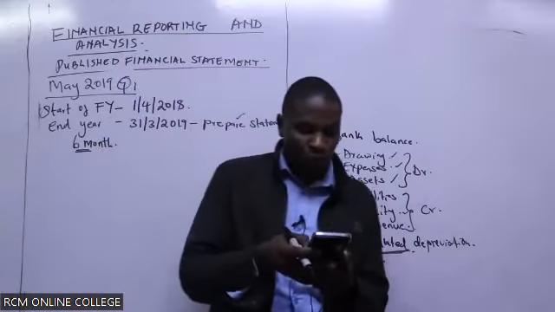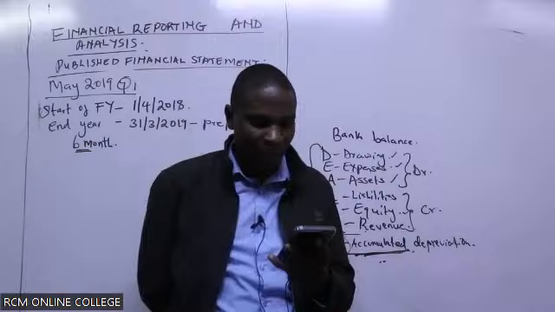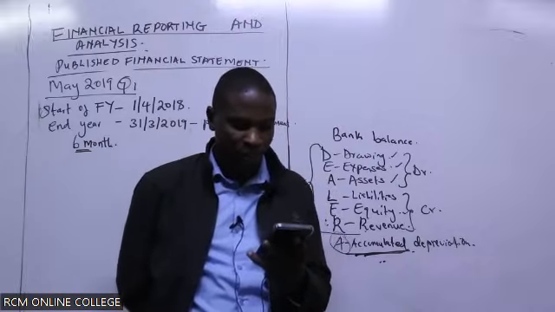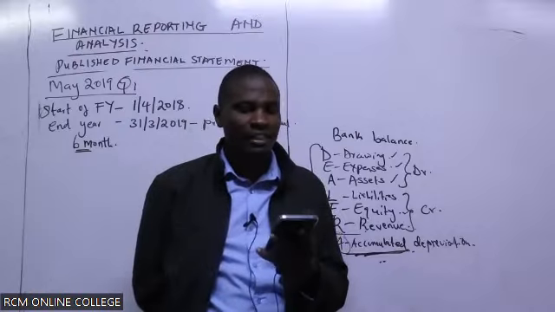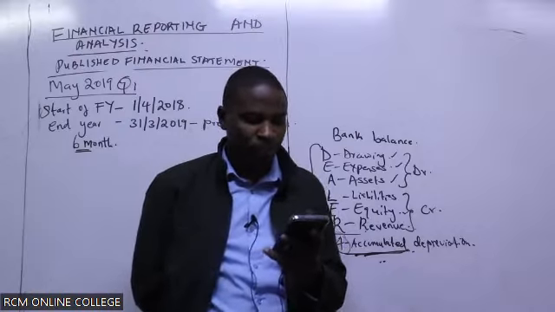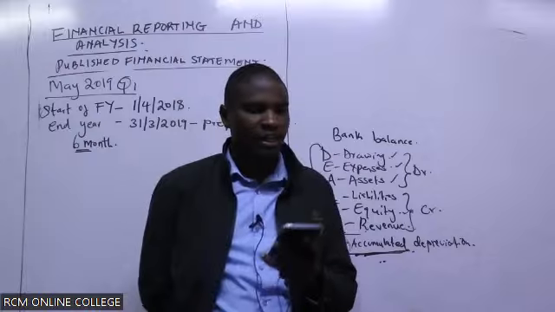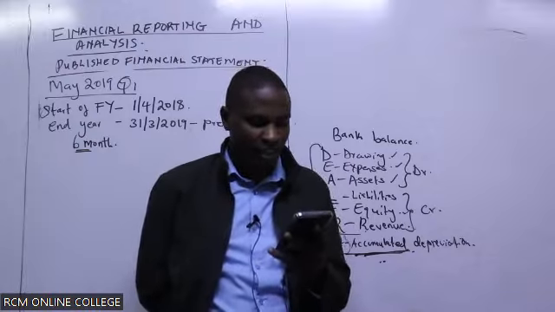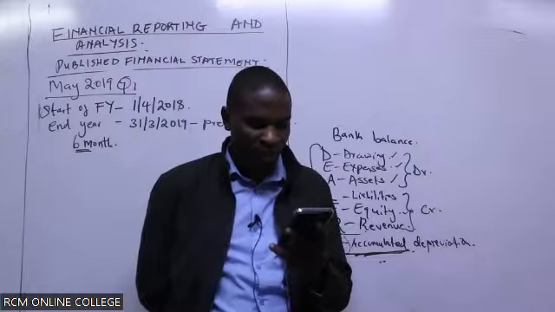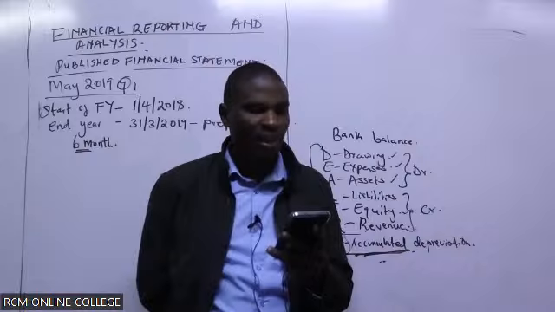Now, if we want to compute the interest on debenture, the finance cost of these, remember it will take how many months? Six months. So the interest will be, we are told that the effective interest rate is 6% per annum.